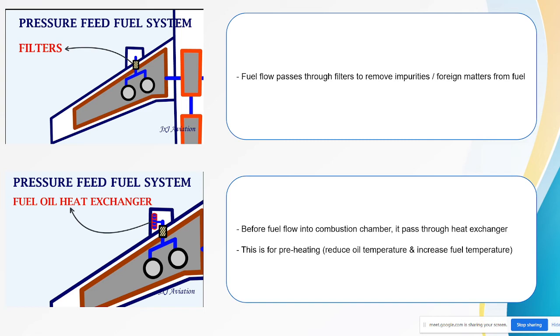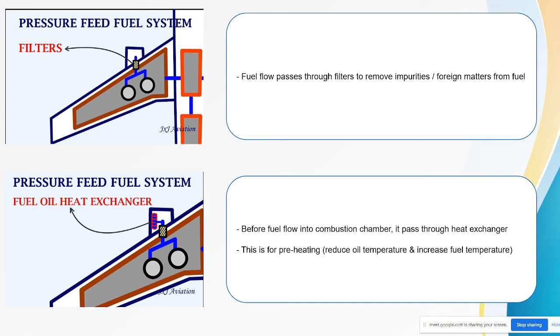This is done for a preheating process, which reduces the oil temperature and also increases the fuel temperature. Oil and fuel here are different things. Oil here refers to the lubrication oil inside the engine, while the fuel here is fuel for combustion.